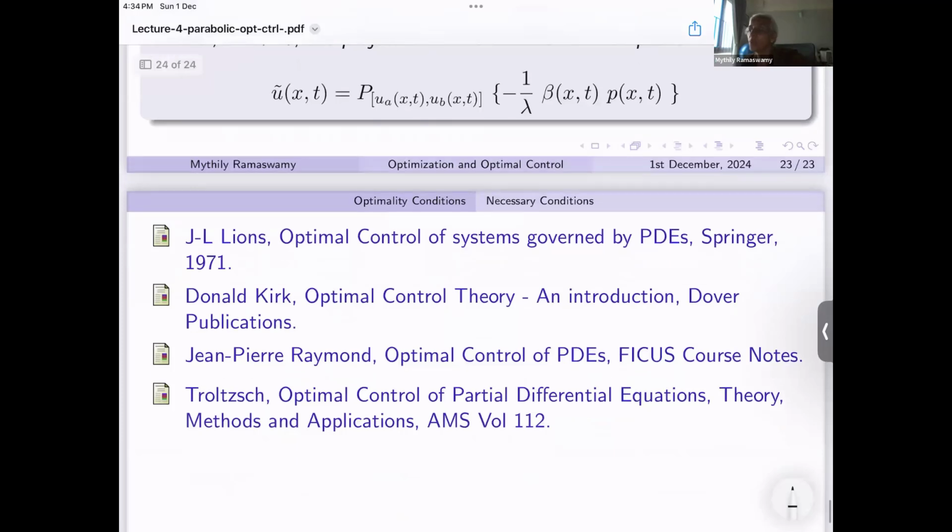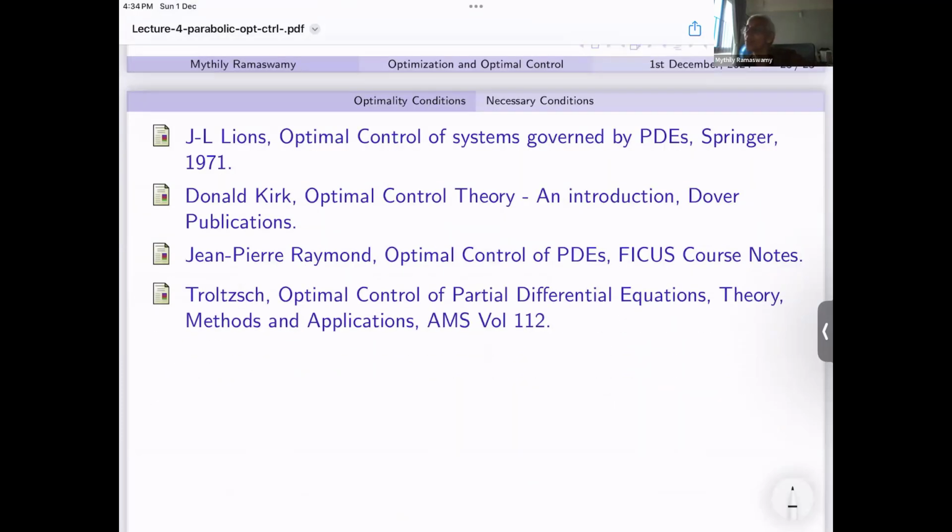So the PDE books are Lions, as I mentioned, Optimal Control of Systems Governed by PDEs, 1971. Donald Kirk is more for ODE, but I'll say Jean-Pierre Raymond for optimal control of PDEs, which is the Fikus course notes.